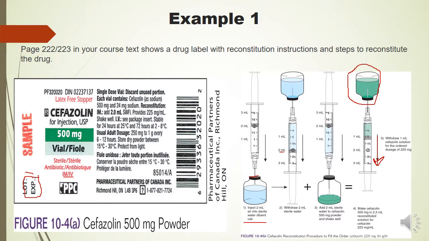So let's look at our reconstitution. Here in step 1, we've calculated our dose for this medication. So once we know how much fluid we're going to need, this is showing us injecting the same amount of air into the vial.